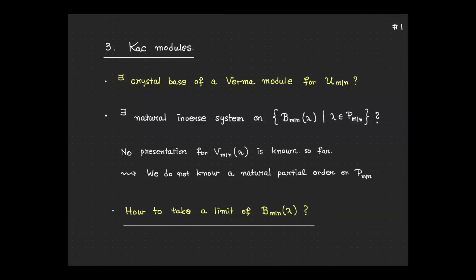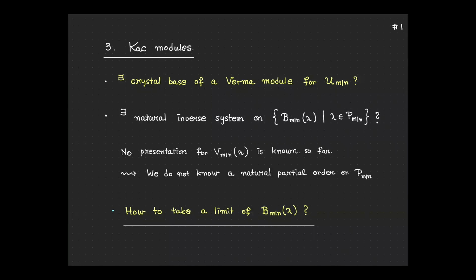But the one problem, which I of course mentioned yesterday, is that as far as I know, we do not have a natural inverse system of the crystals of the polynomial representations, so that we can take a limit to have a crystal structure of the negative half of the quantum group U_q(gl(m|n)).